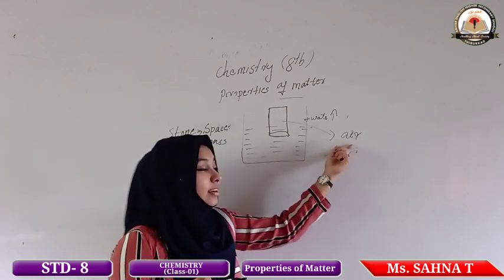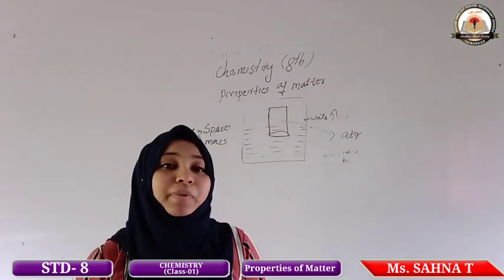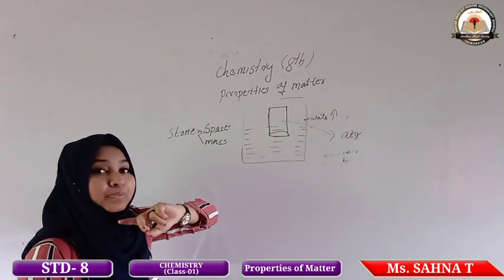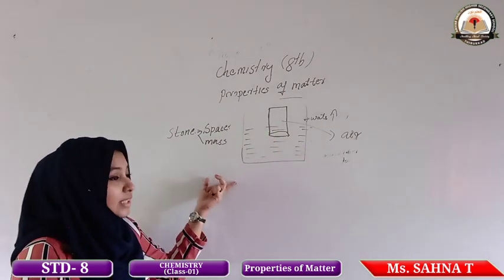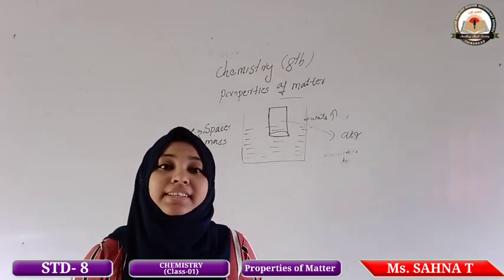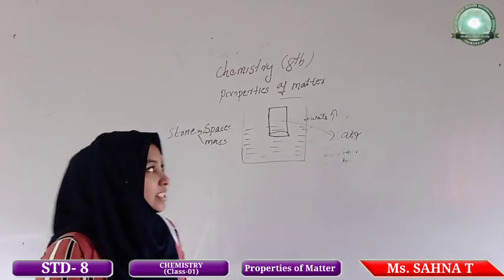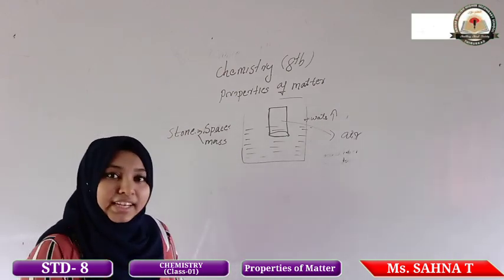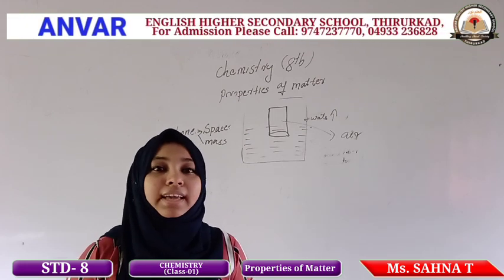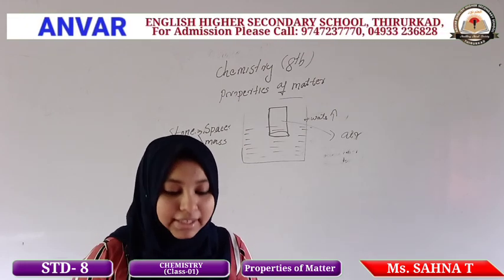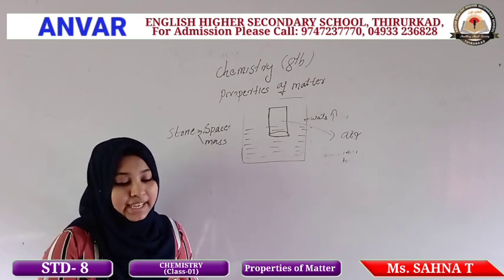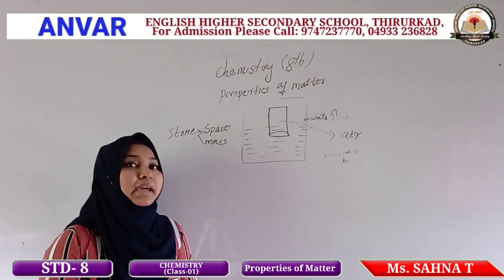The air also needed space to exist, and air also has mass. From these experiments we conclude: what is matter? Matter is anything that occupies space and has mass.